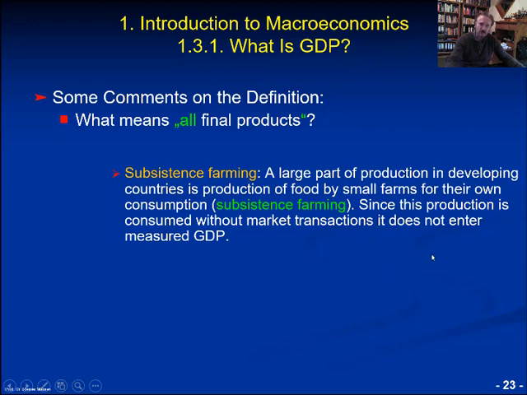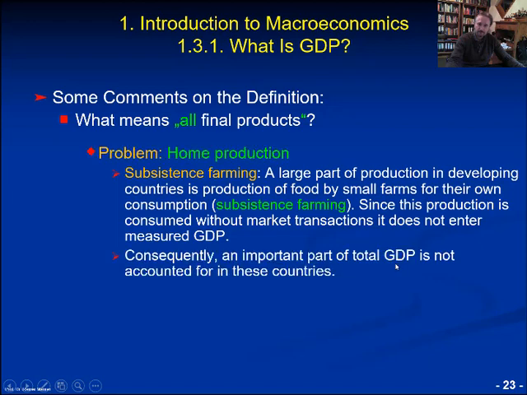Since this production is consumed without a market transaction, in the same way as you consume the meal which you prepare in your apartment, it does not enter measured GDP. Consequently, an important part of total GDP in these developing countries is not accounted for.